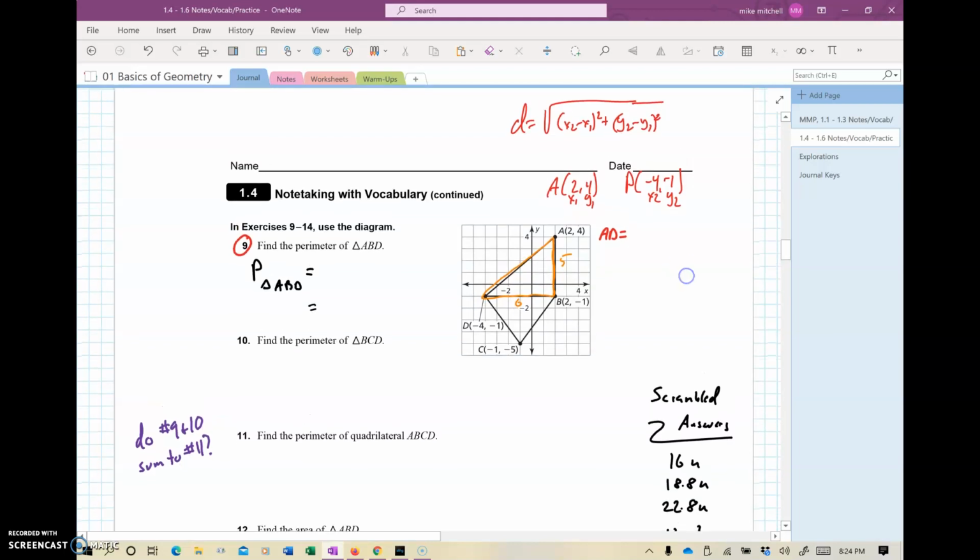Again, that's the distance formula. So that's going to be the square root of negative 4 minus 2 squared plus negative 1 minus 4 squared.